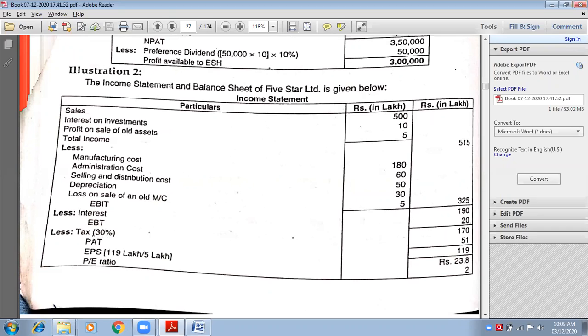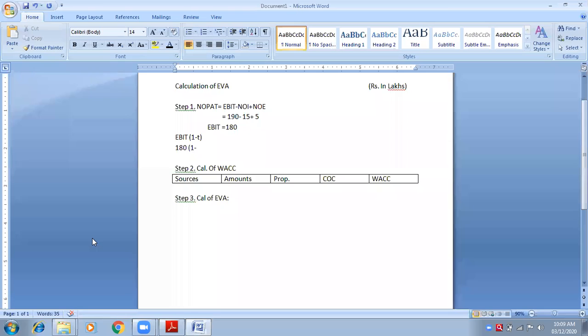What is the rate of tax in the question? 30 percent. Very good. But here I cannot take 30 percent, because 1 is not a percentage, 1 is a number. So I will have to convert 30 percent into a number.